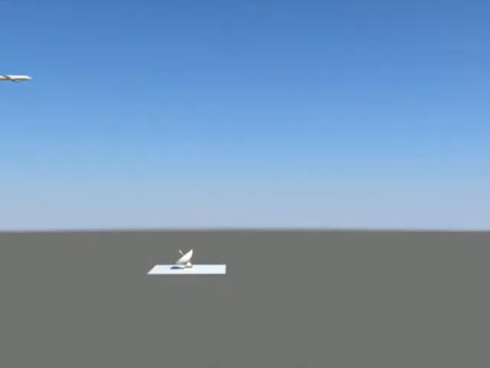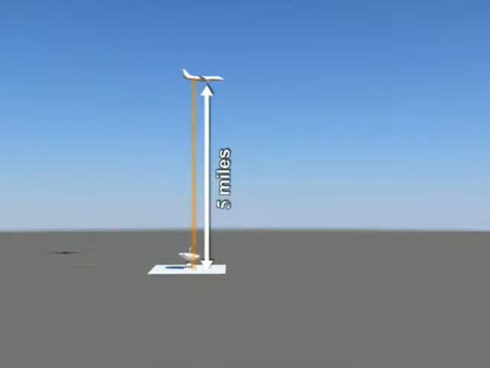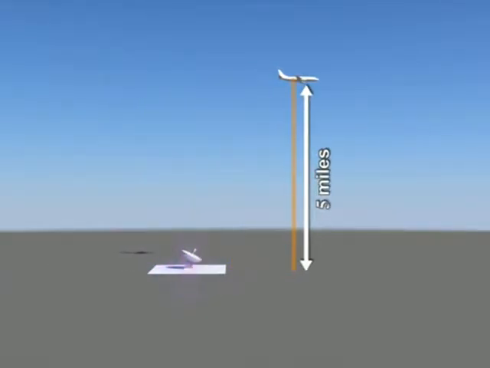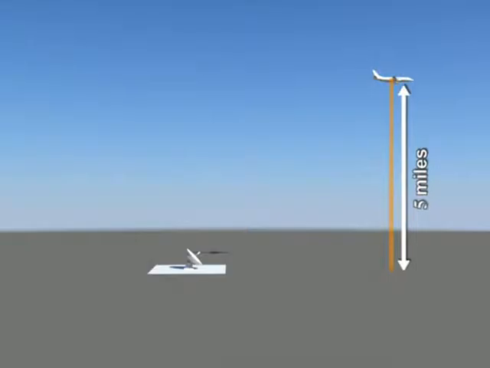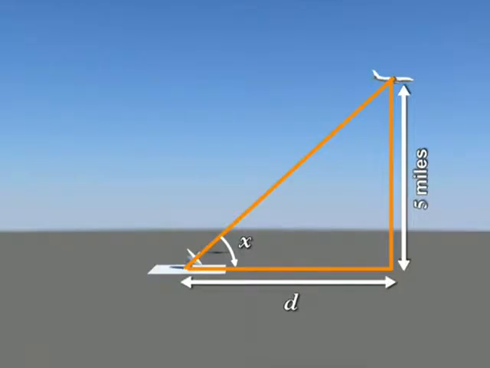Here's a picture of the scenario. The height of the plane is always 5 miles. And there's the radar station over there. And the radar station is making an angle x with the horizontal up to the plane. And d is the distance between the radar station and the foot of the plane, the point perpendicular to the plane's position. So that sort of forms a right triangle there.